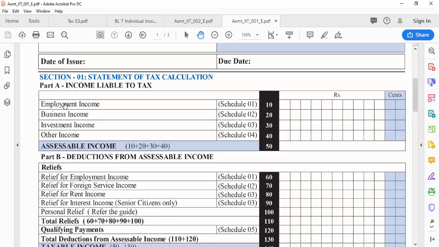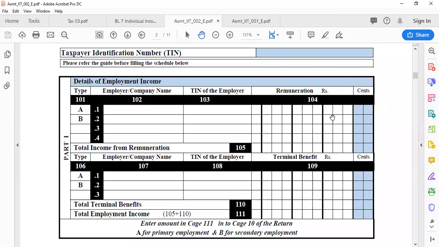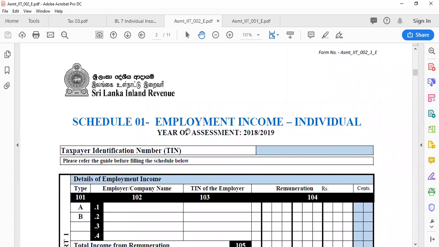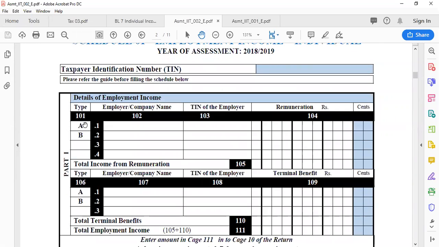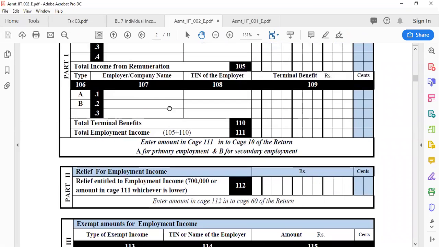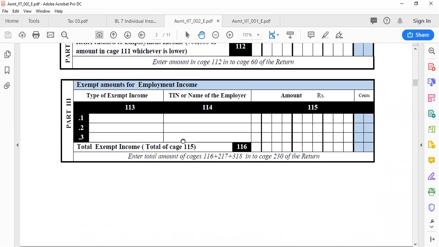So under employment income, business income, investment income, each and everything is explained in schedules 1, 2, 3, 4. Right here, these are the schedules. Schedule 1 is about the employment income of an individual. Here is the type of income, and here if there is any other thing, relief, 700,000.